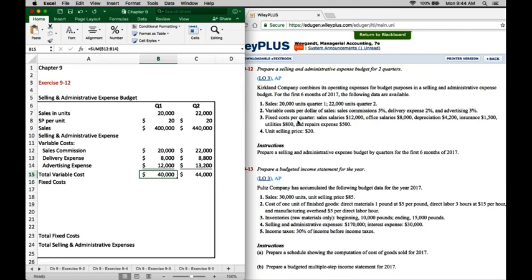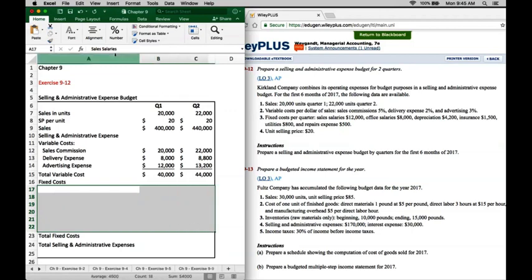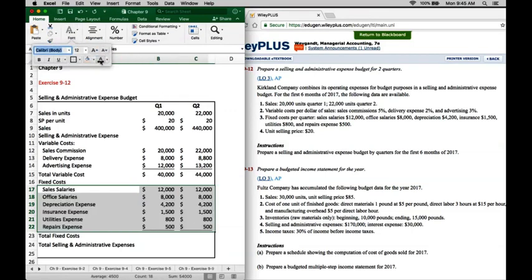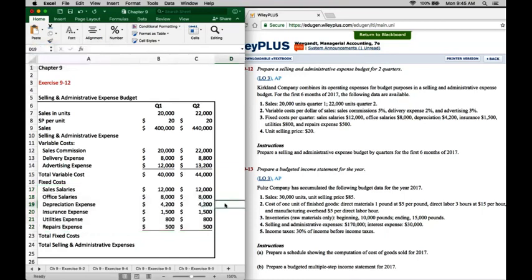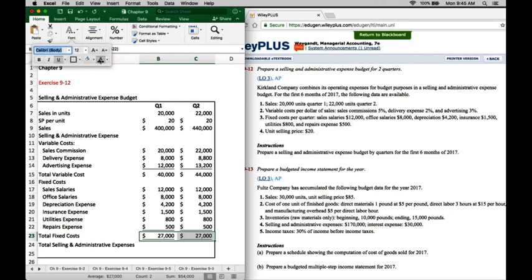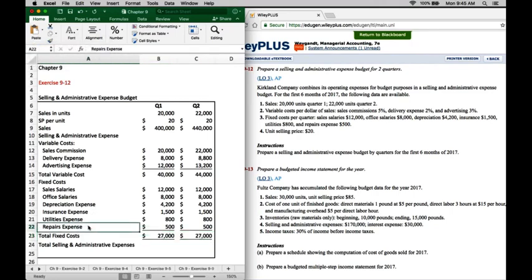The fixed cost, they've told us what they are per quarter, so we just list all of these costs. As no additional information is given, it's going to be the same for both quarters. So you add up the two columns, and we have fixed cost of $27,000 for each quarter.